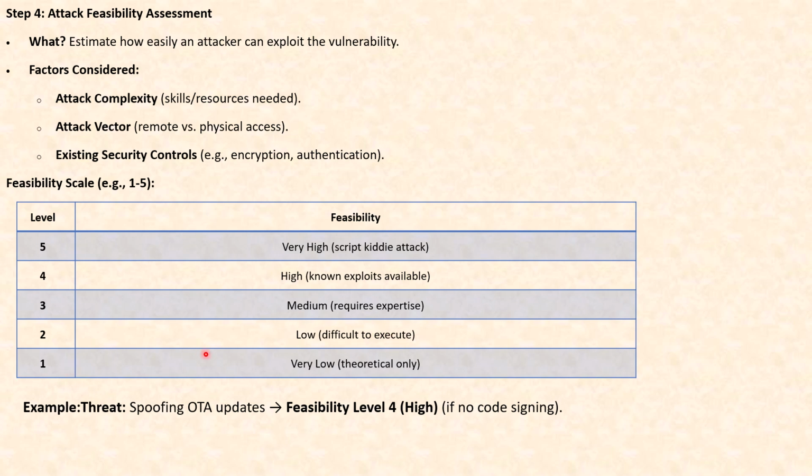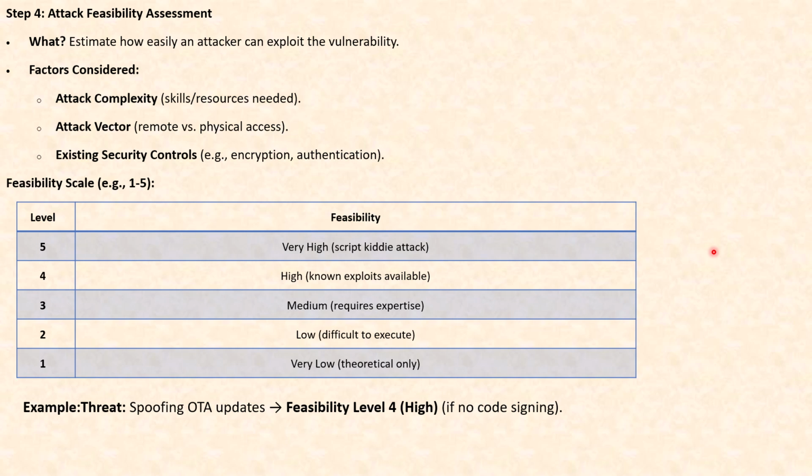And 1 means very low, it is only theoretical. So as you go from 5 to 1, the attack becomes more and more difficult, or more and more impossible. For example, spoofing OTA updates, feasibility level 4. So it is highly feasible that you inject malware or a spoofing update with the help of OTA. It is very feasible. That is why it is given a level of 4.